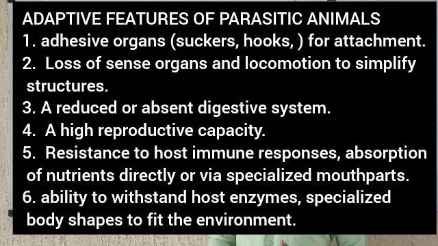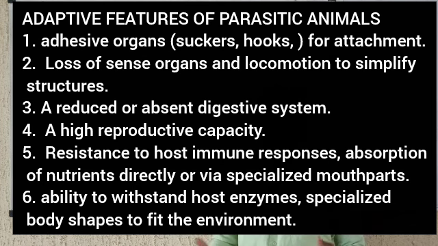They also possess various modifications for obtaining food or nutrients from their host, since some have organs to pierce into the skin of their host and absorb nutrients. Some absorb nutrients through their body surface.